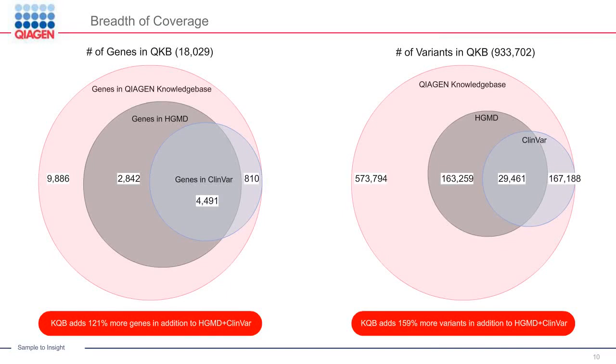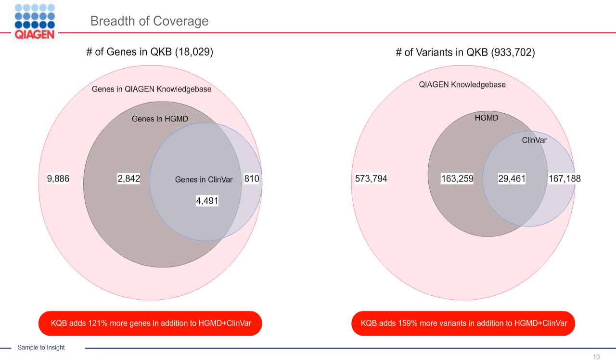So we talked a lot conceptually about our content, but let's take a look at the breadth of coverage in terms of numbers. Our knowledge base not only contains two of the most prevalently used clinical mutation databases with clinical relevance, but you can also appreciate how much value is added from our unique curated content from the literature, as we're adding 121 more genes in addition to what's already in HGMD and ClinVar in our knowledge base.